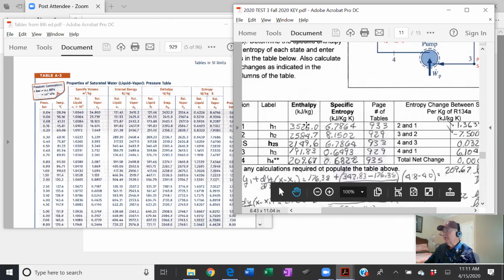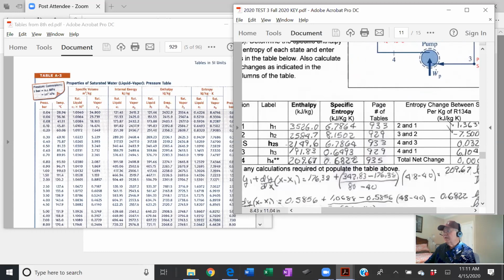I'm looking for the enthalpy where the entropy was constant at 6.7864. So how do I do that? All right. Well, I know the entropy is 6.7864. What do I know about state 2S? I know the entropy is the same.